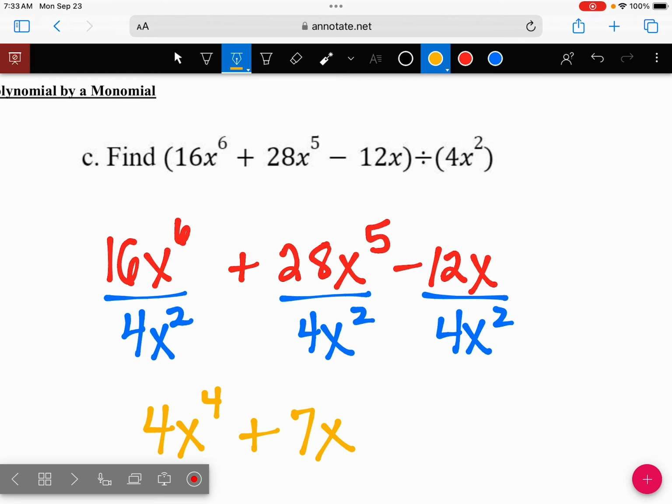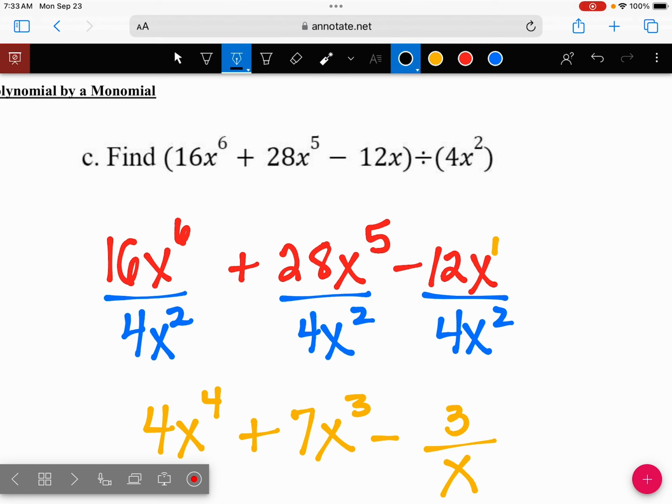3. And then for our last one, this one is a little tricky because do you see how we have more downstairs than we have upstairs? So the 1x that we have is going to be in the bottom. Anytime you have more in the denominator, see I had 2 downstairs and 1 upstairs.